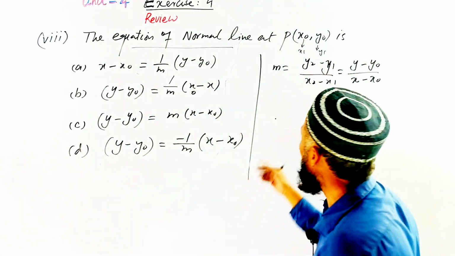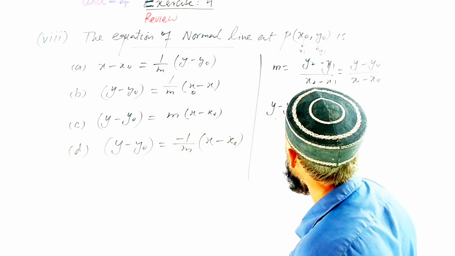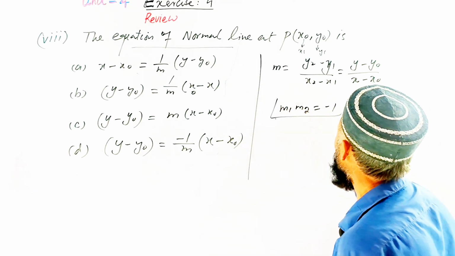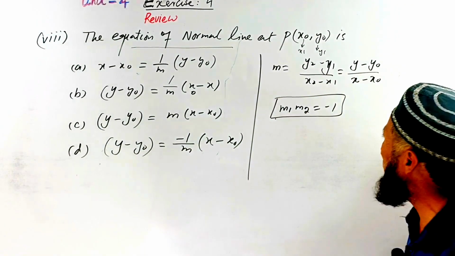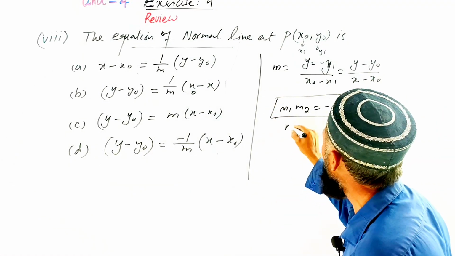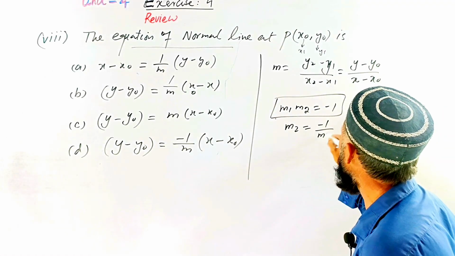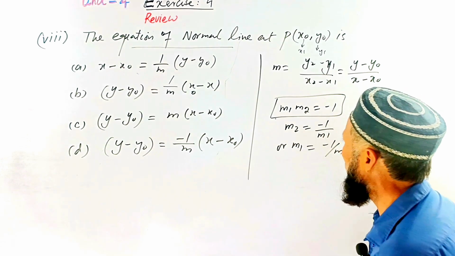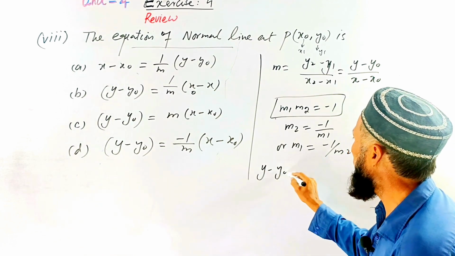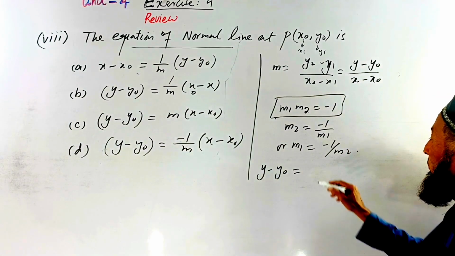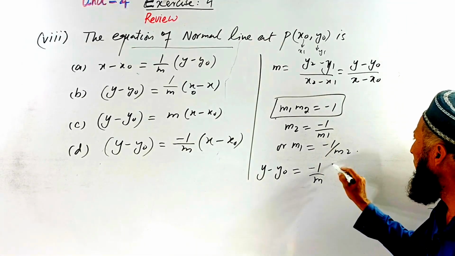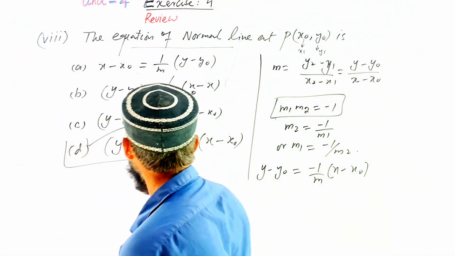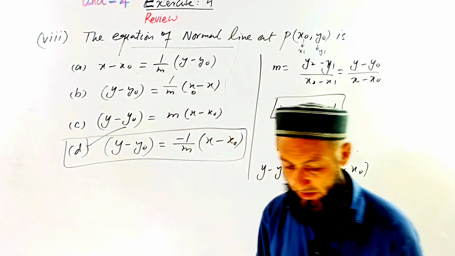Now with the slope, the equation of the normal line, because the lines are perpendicular, we can write m2 is equal to minus 1 divided by m1, or m1 is equal to minus 1 over m2. So we put the values in the equation: y minus y naught is equal to minus 1 over m x minus x naught. So option D is the correct option.